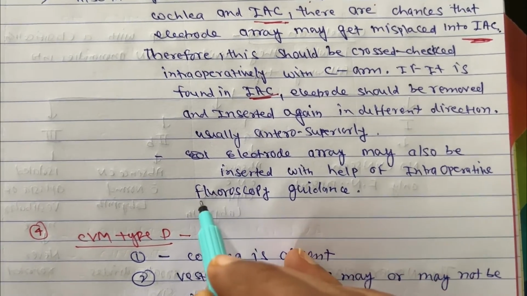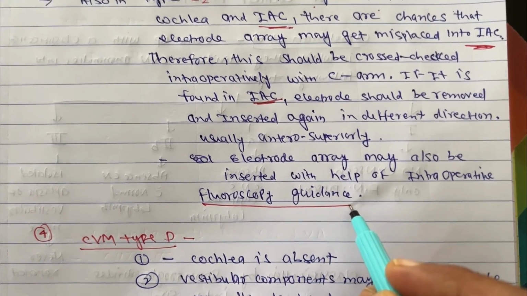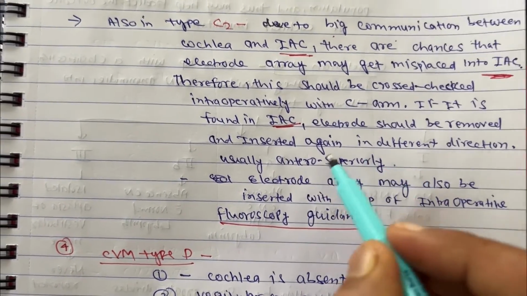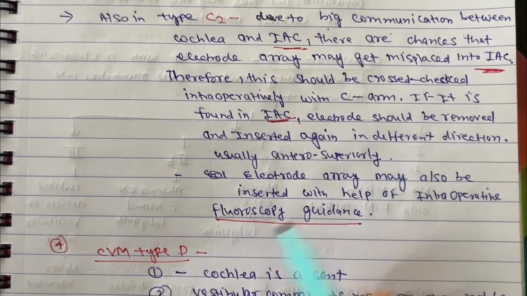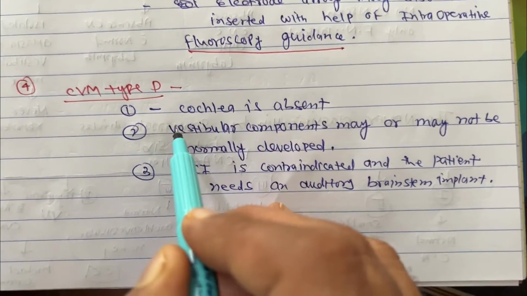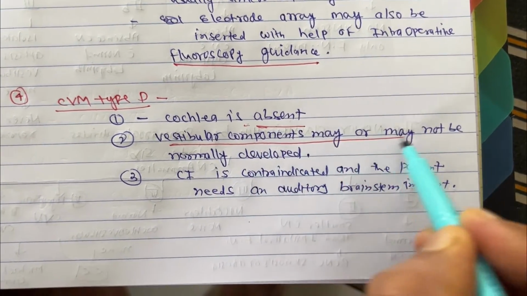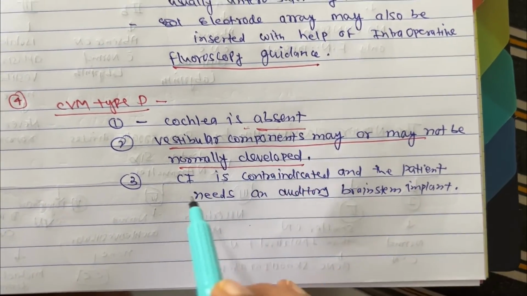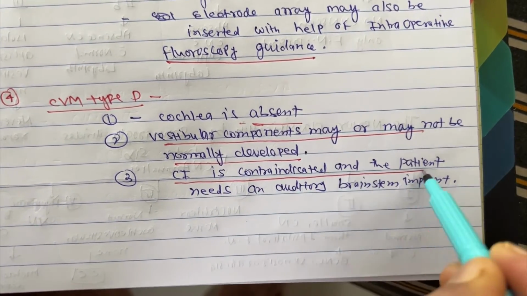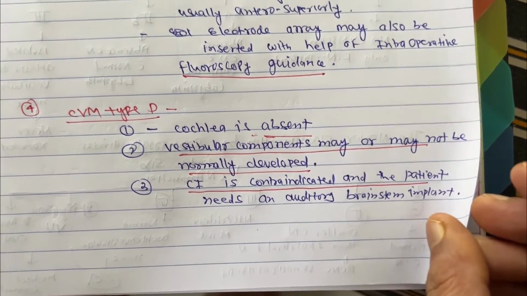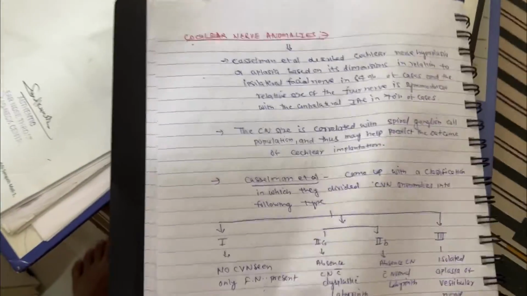And sometimes you may use fluoroscopy guidance to put the electrode because there is a gap between the internal auditory canal and cochlea. In CVM type D, in which the cochlea is absent, the vestibular component may not be normally developed, and cochlear implantation is contraindicated. All patients require auditory brainstem implant in type D.